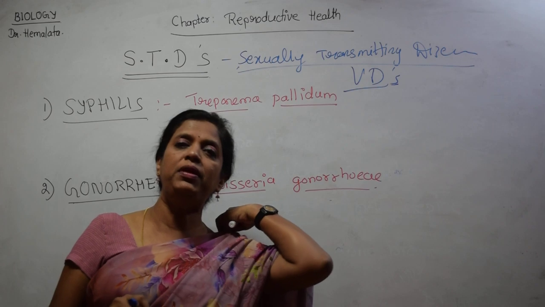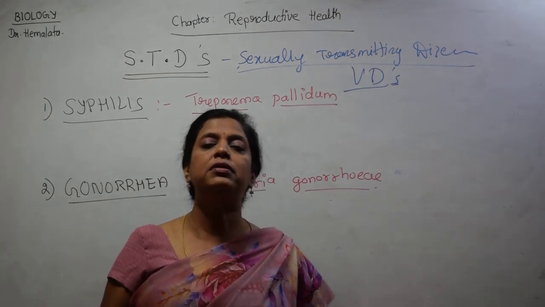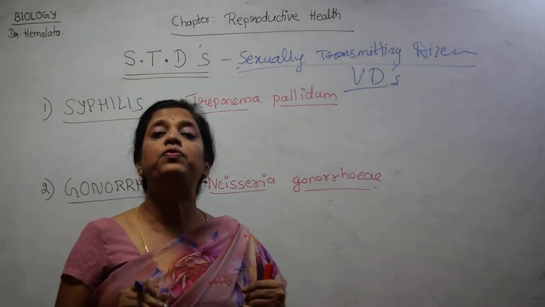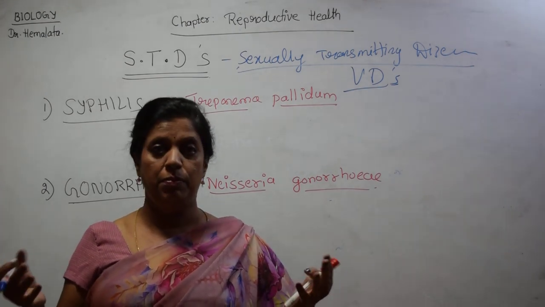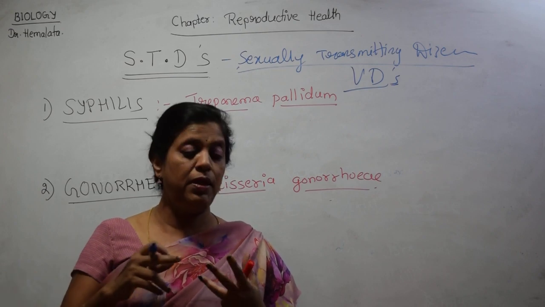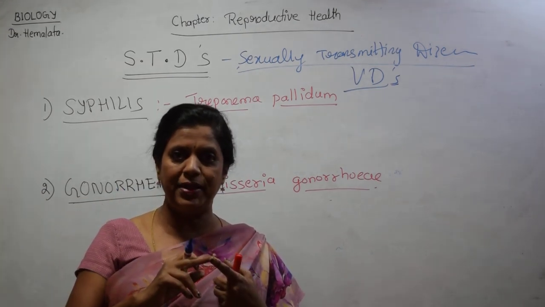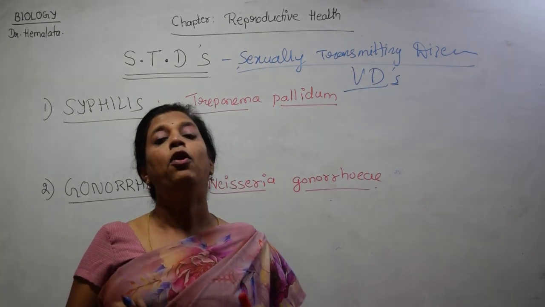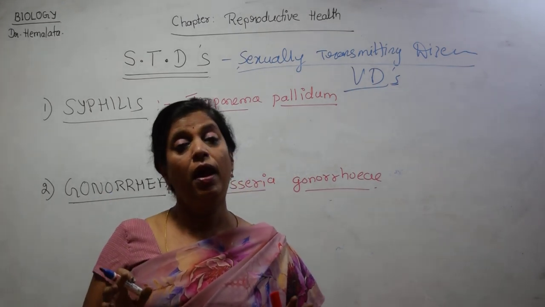But the problem is that patients will not visit doctors, because the major cause of sexually transmitting diseases is having multiple partners, means having sex with many people, with oral sex, anal sex or vaginal sex. All three ways it may spread, and sometimes having sex with men also, it will happen, right?